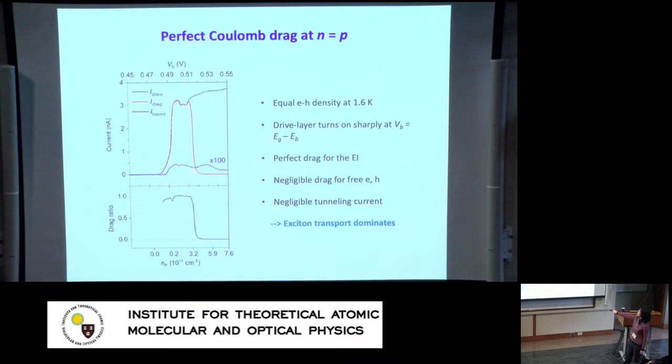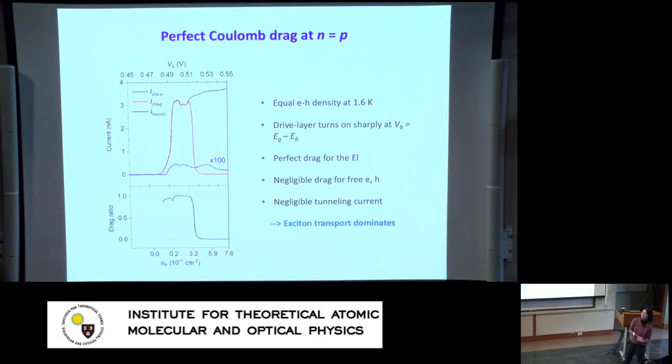And then at some critical density, suddenly it drops. If you look at the ratio, in this excitonic insulating regime, we have perfect drag. And above some density, the drag ratio just goes to 0.